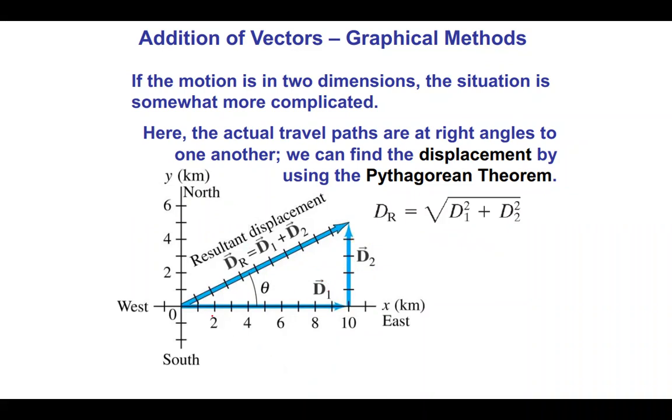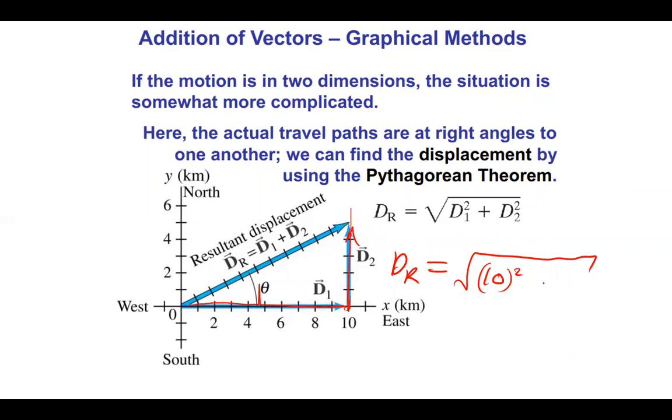Yeah, so let's say this one is 10, it has a magnitude of 10. So to find the resultant vector dr, this is equal to the square root of, and then you take this distance, which is just 10. So 10 squared. Then you also have this other distance, D2, which will be 1, 2, 3, 4.